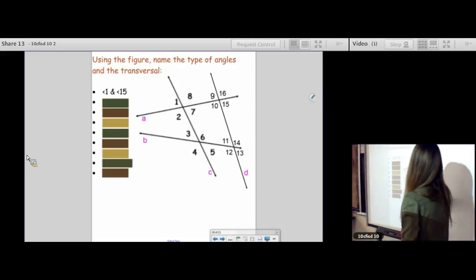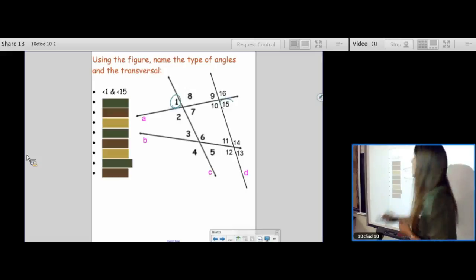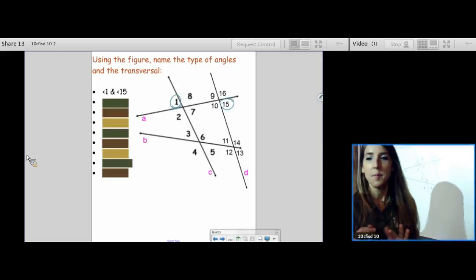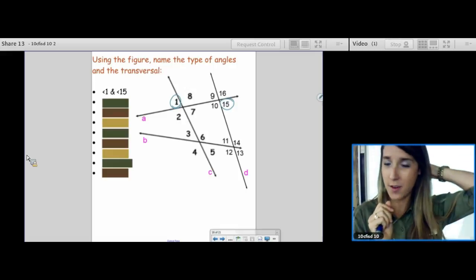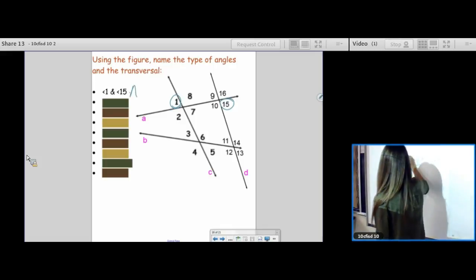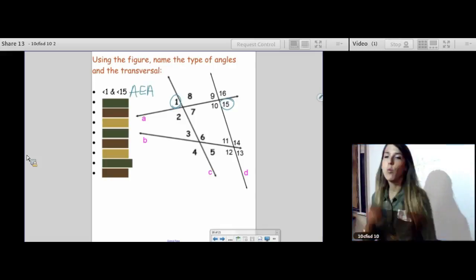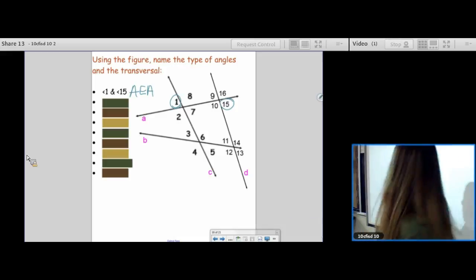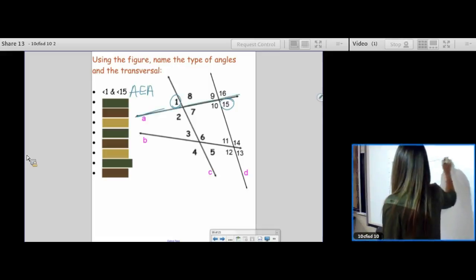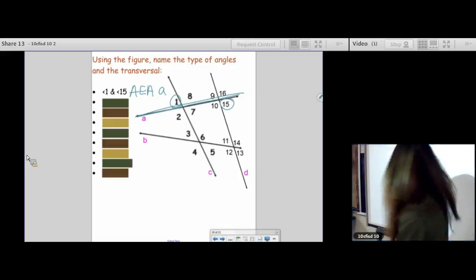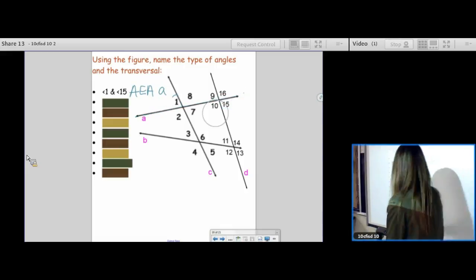Sometimes you have to turn your head sideways because these are oriented differently than our other ones. 1 and 15 are alternate exterior angles. What's the transversal being used? What line are they both touching? There's only one line. That's really important. The transversal is A, lowercase a, because it's a line.